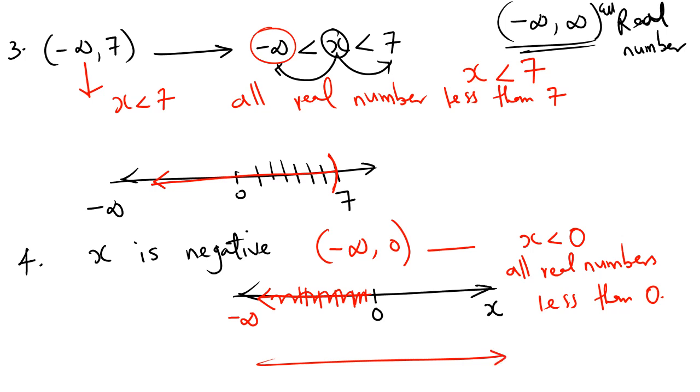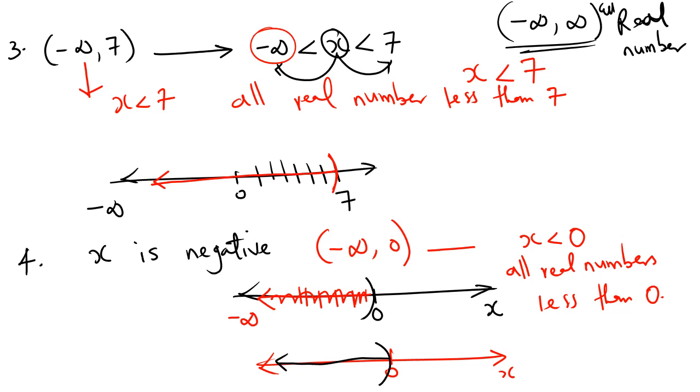The graph is just simply x here, and you have 0 here. You start from 0 and just go this way, and then just have your open interval that way. Something like that. All right, this is how you can graph x is negative.